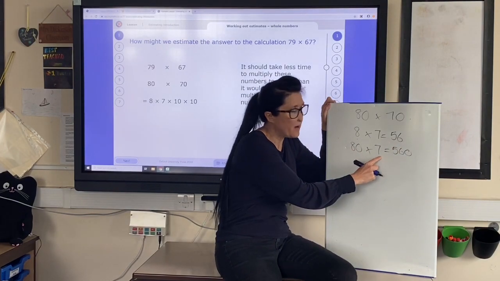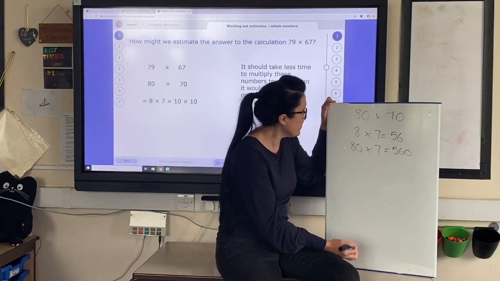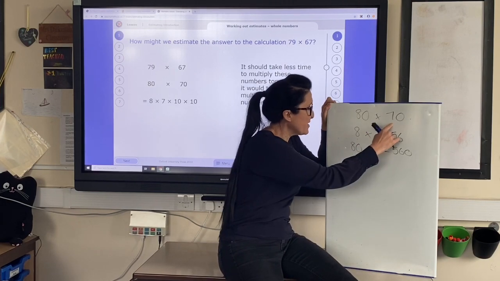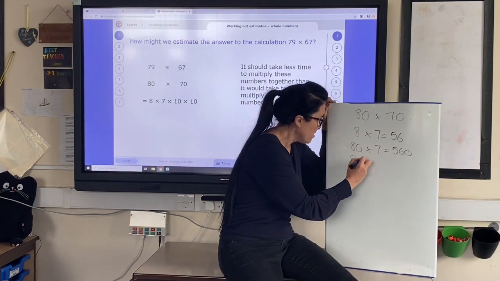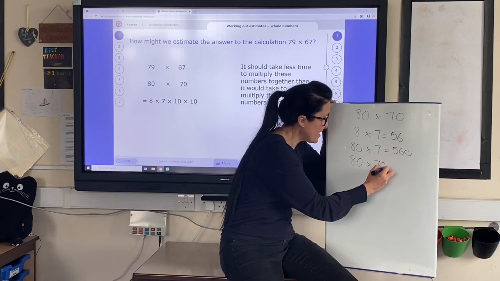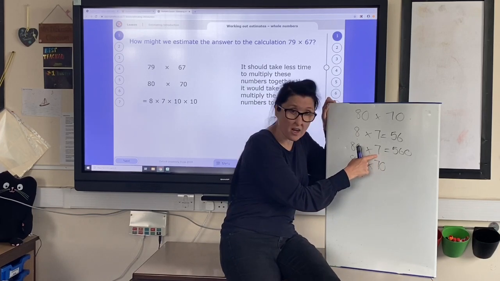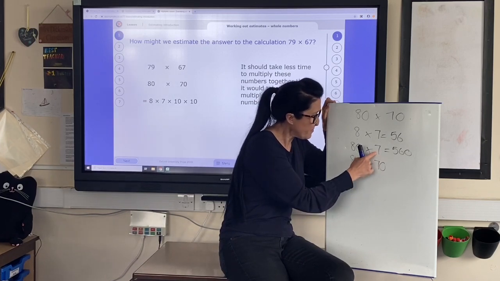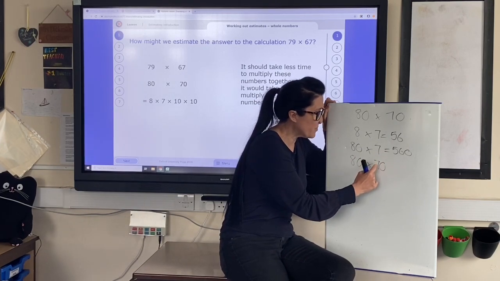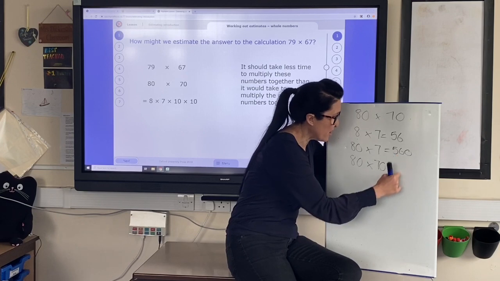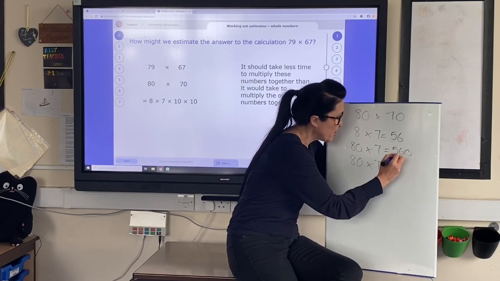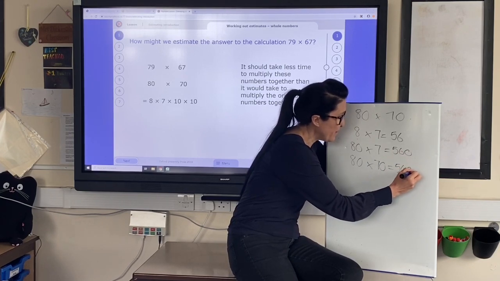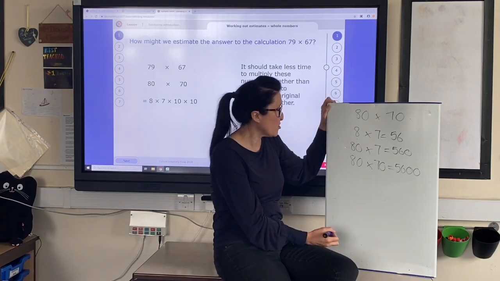So 80 multiplied by 7 is 560. So we've got the 80, but we need to get back to the 70. So 80 times 70, the only thing I've changed here is my 7 has got 10 times bigger and becomes 70. So because this number's got 10 times bigger, my answer is going to get 10 times bigger again. So 560 multiplied by 10 is 5,600.